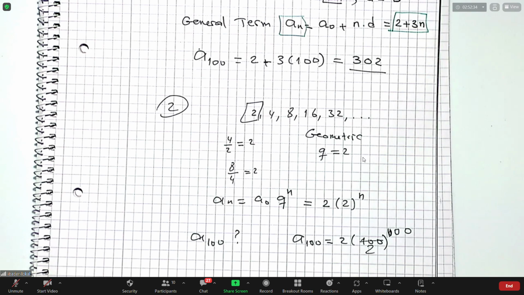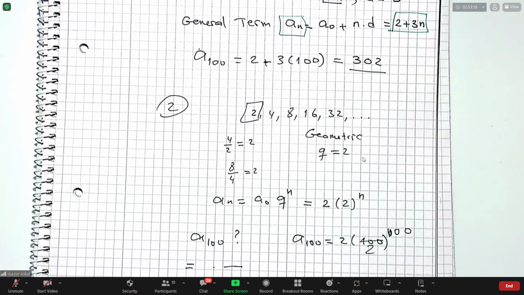And I don't know what 2 to the power 100 is, you can evaluate it. It's a very large number. So you just evaluate it and multiply it by 2. But this is how it works.